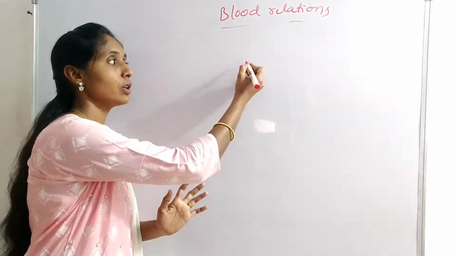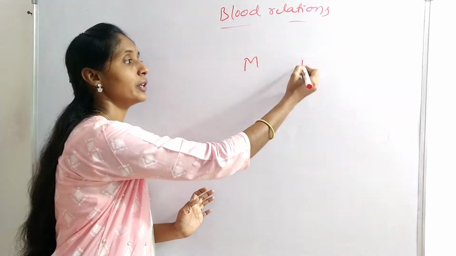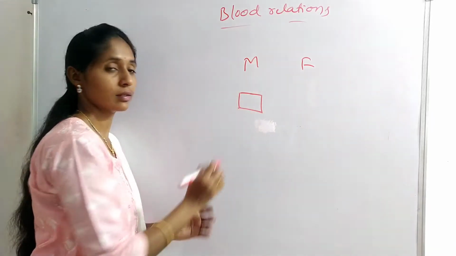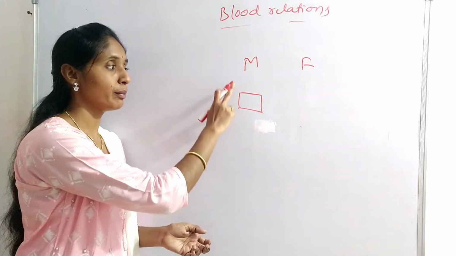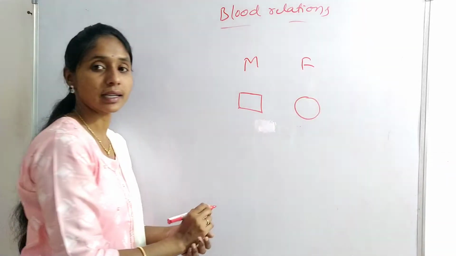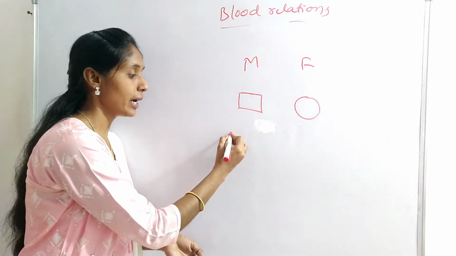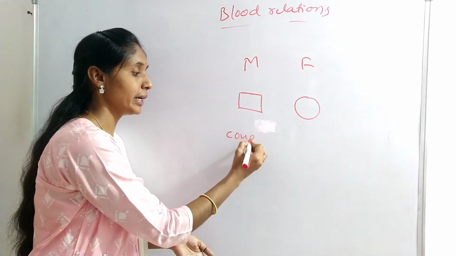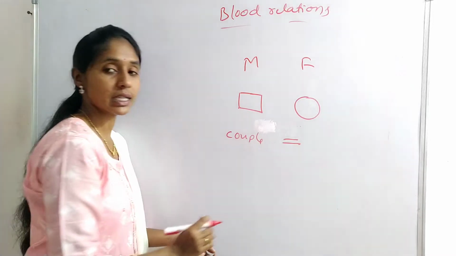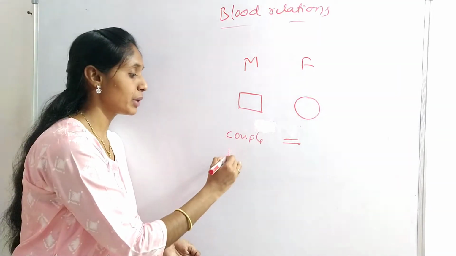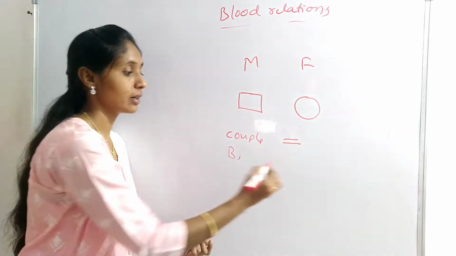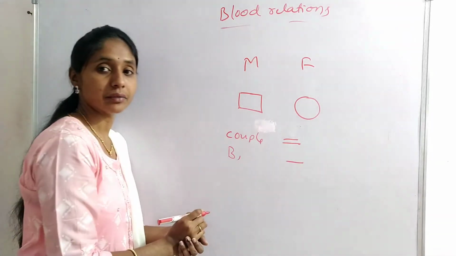Always denote male as a box and female as a circle. A married couple, that is wife and husband, is shown with two horizontal lines. Brother and sister, and brother-in-law and sister-in-law, are shown with a single line.